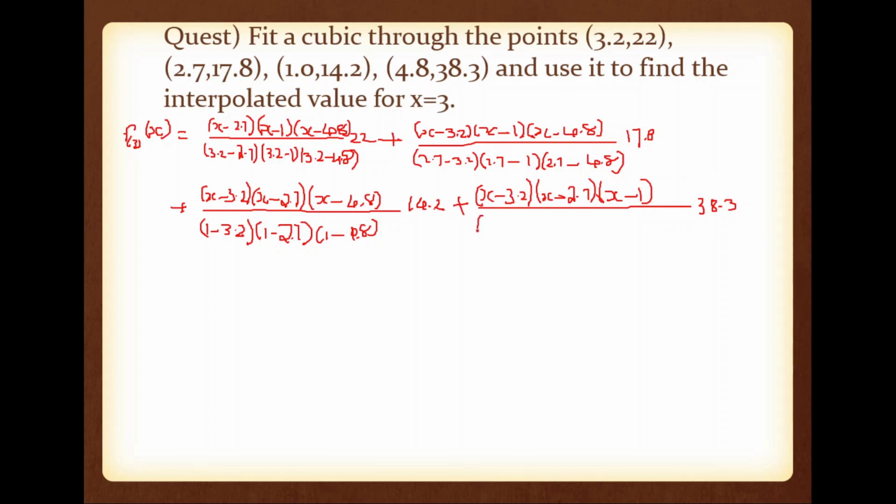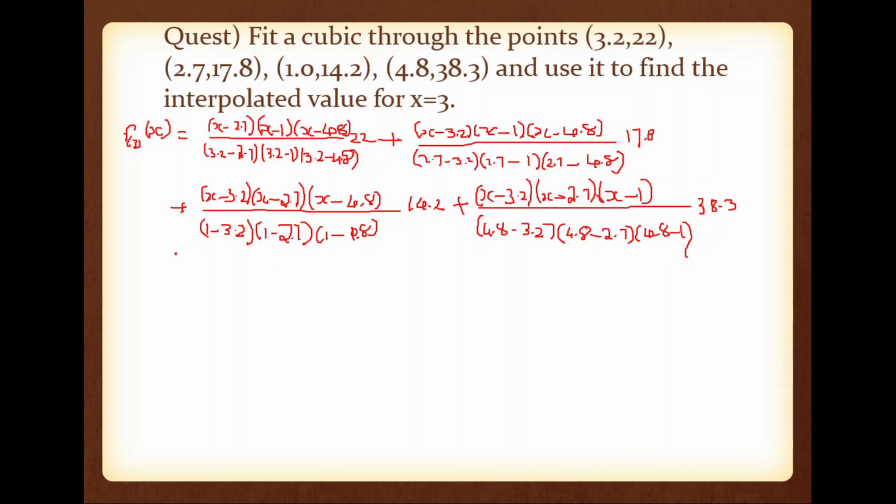Now what about the denominator? Replace x with 4.8. So 4.8 minus 3.2 into 4.8 minus 2.7 into 4.8 minus 1. So please note this one is the interpolation function. You have to solve this one. So definitely you have a cubic polynomial after solving this particular equation. I am not solving this. I am leaving this to you.